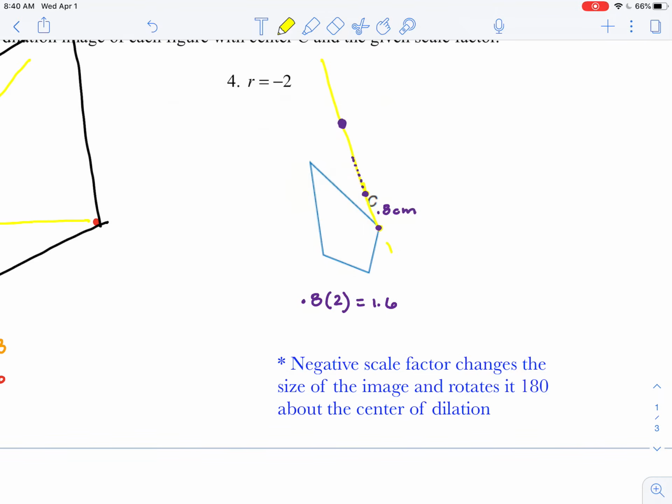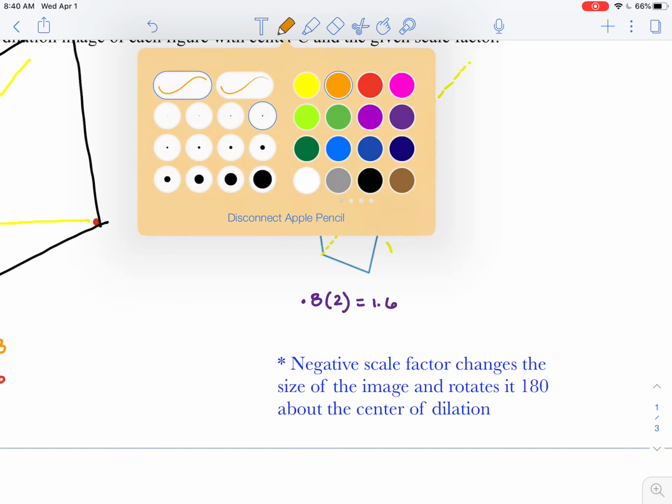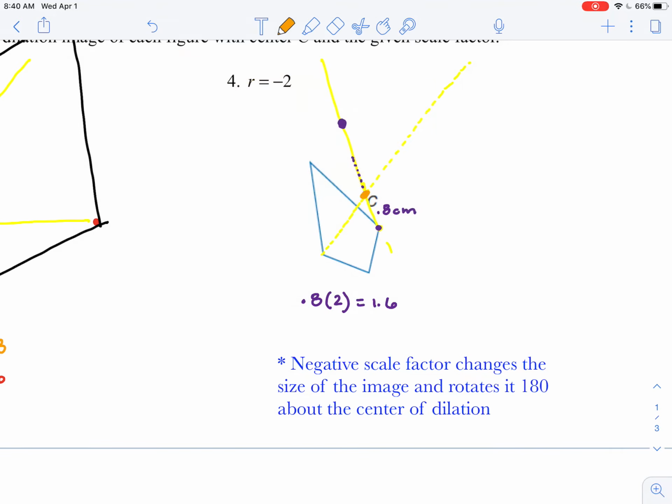Okay, let's do that again for another point. So from my center of dilation, I'm going to draw a line to another vertex. But this time I'm going to extend that line in the opposite direction. Measure from the center of dilation to that vertex. Here I got 1.6 centimeters.